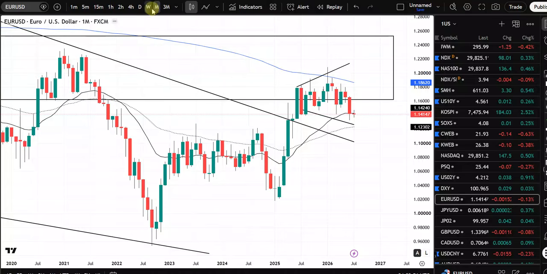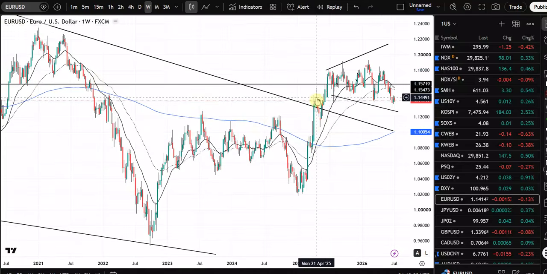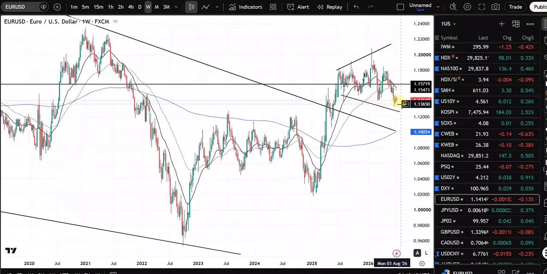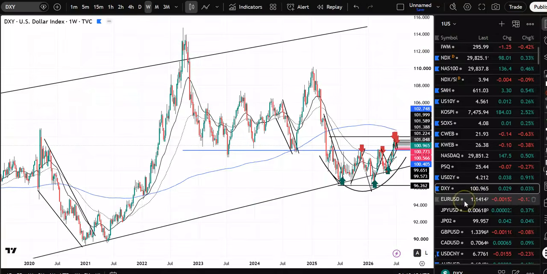And so if we just go to a weekly chart, so we have broken out of that. So that's first sign of a bullish trend. And we're forming a bit of a megaphone here. So obviously, as this goes up, that goes down. Okay, the US dollar.